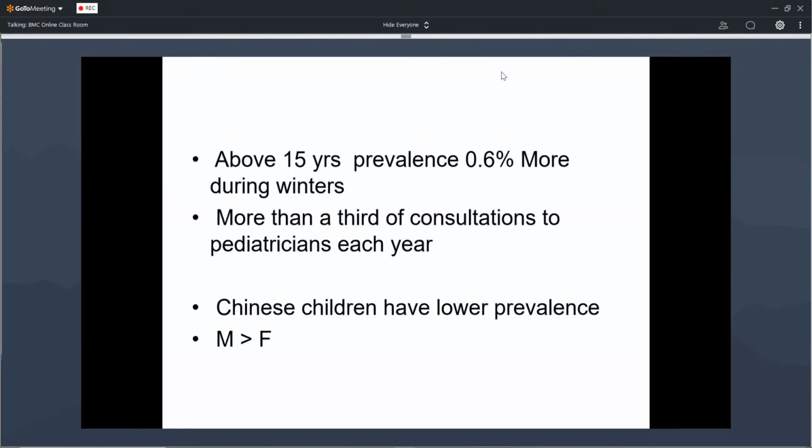Pediatric age group. Why in the pediatric age group? Roll number 83. Because of the eustachian tube. The eustachian tube is shorter and wider, with less angulation at the isthmus.